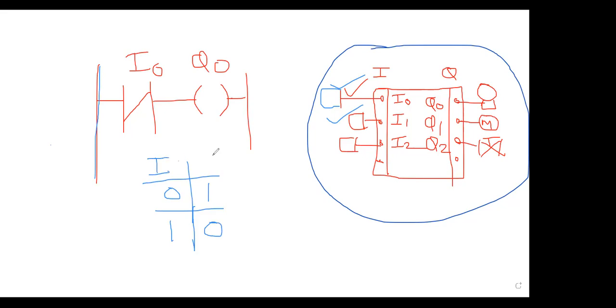So you can see here, when you don't press the switch, so PLC is powered on and you don't press the switch, output should be on. Check this. When you don't press the switch initially, this main supply will flow as it is connected already. It will flow and will reach to Q0 and your motor is on.